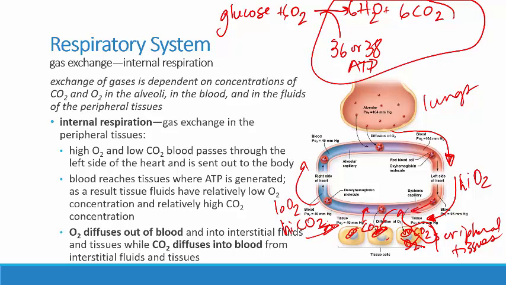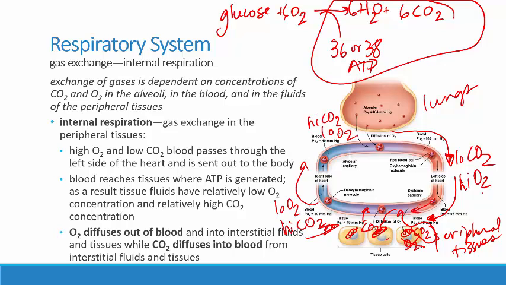So when the blood comes back again, it's high CO2 and low O2. And then after it passes through the lungs doing external respiration once more, it'll be low CO2 and high oxygen.